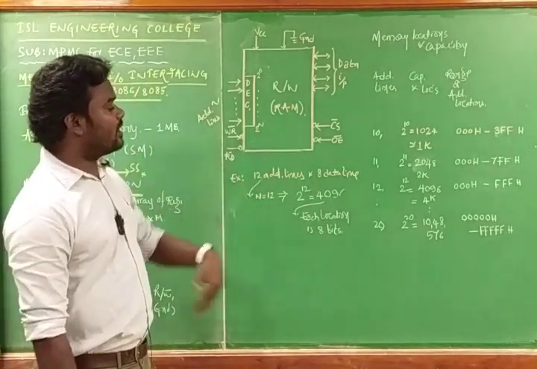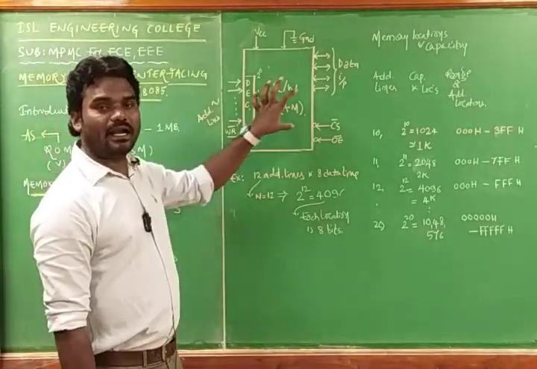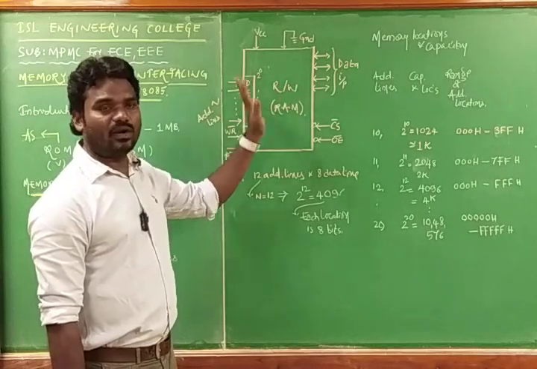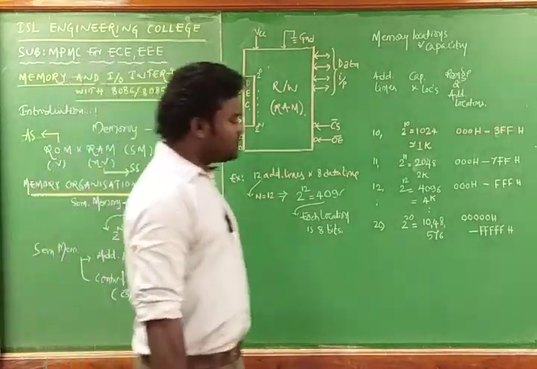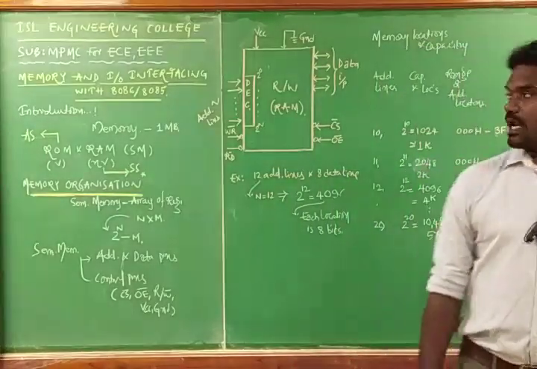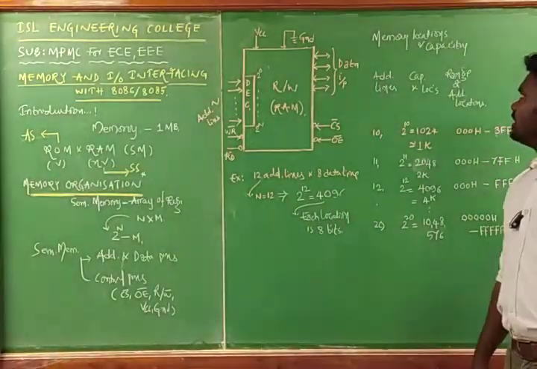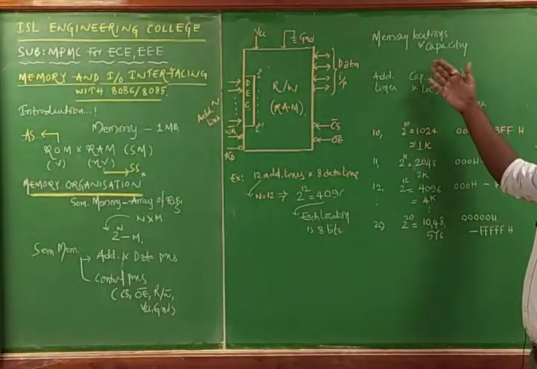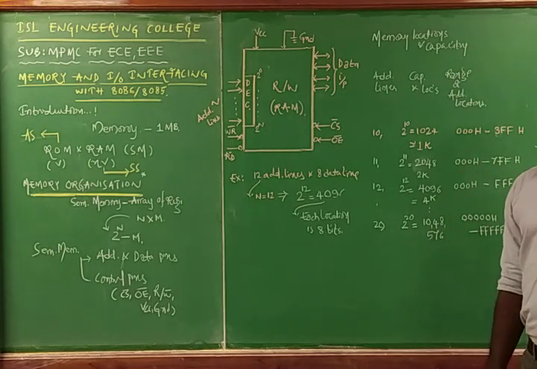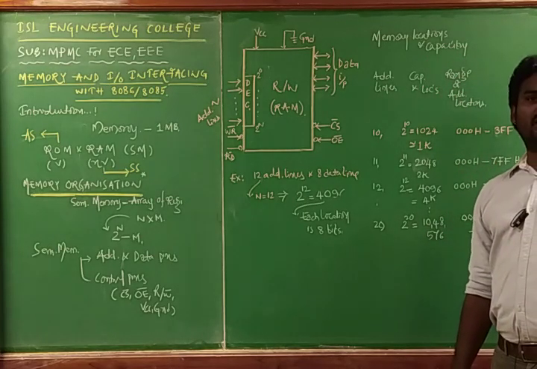With this example, you can get a complete understanding of the memory organization. Then I am going with one particular table which describes the relation between the memory location, the capacity of the memory, and the number of address lines.